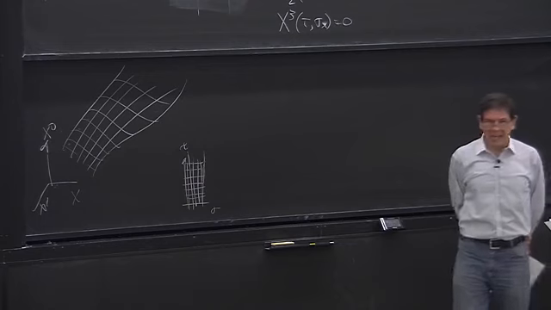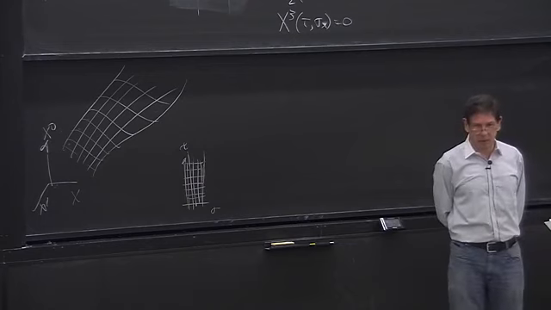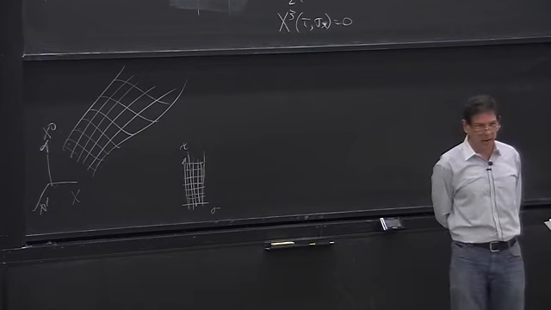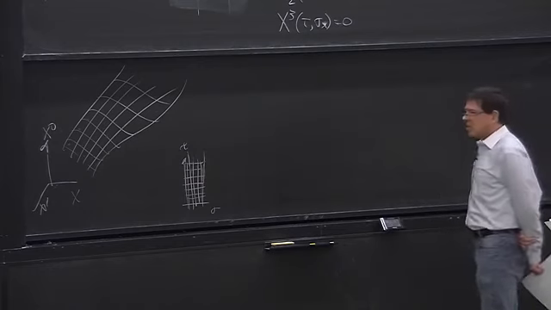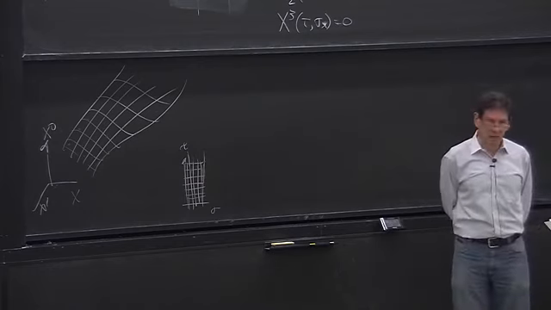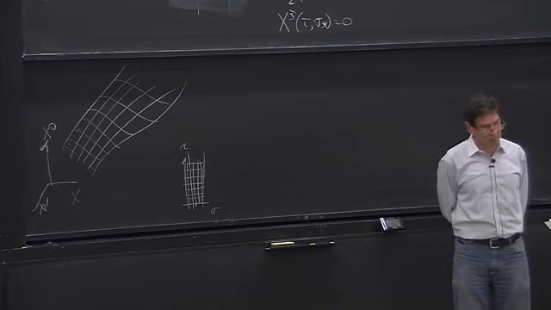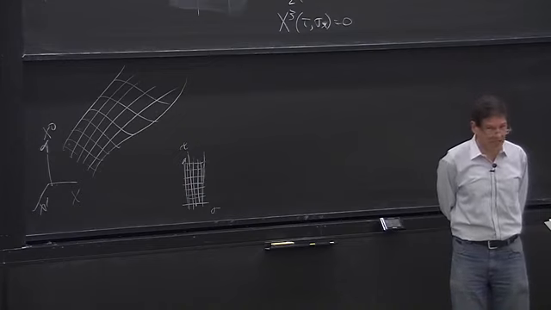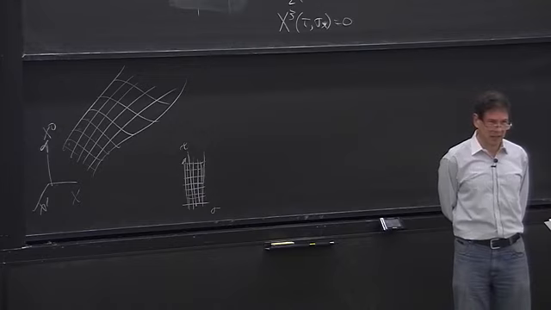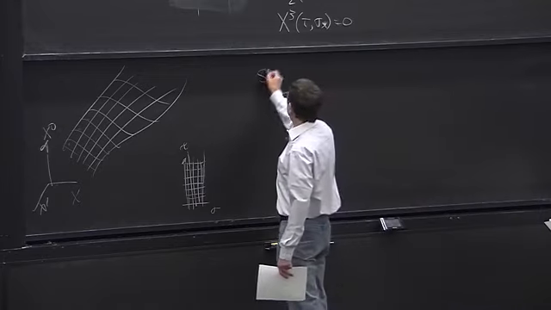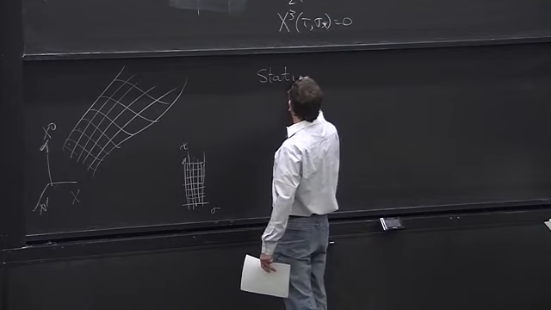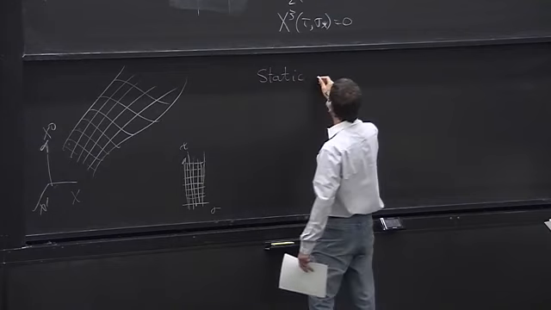So I'm going to begin to draw some lines. I'm going to do the easy ones now. I'm going to teach you how to draw the lines of constant tau in a useful way, in a physical way. And this is called the static gauge, a name that is absolutely confusing.